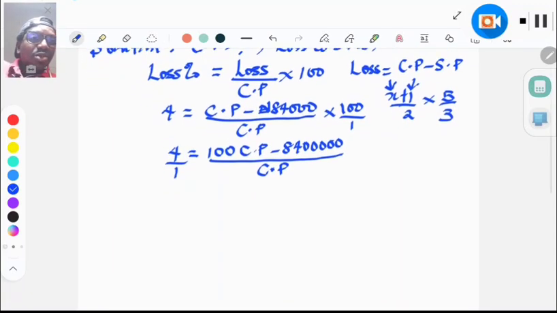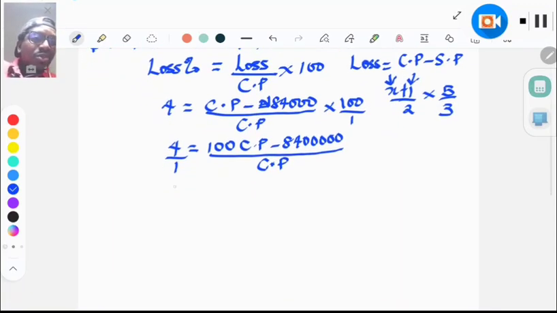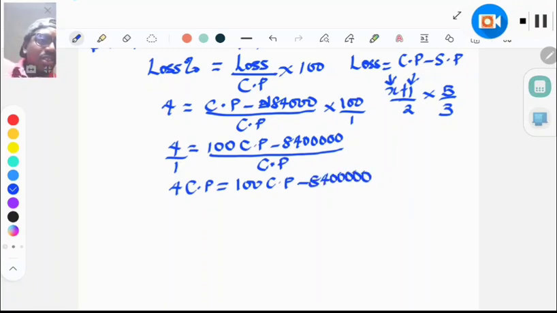This is the same as over 1. If we cross multiply, we are going to have 4 CP equals 100 CP minus 8,412,345. Now if you decide to collect like terms, the 8.4 million, if it crosses to the left hand side, since it is negative, it becomes positive 8,412,345.